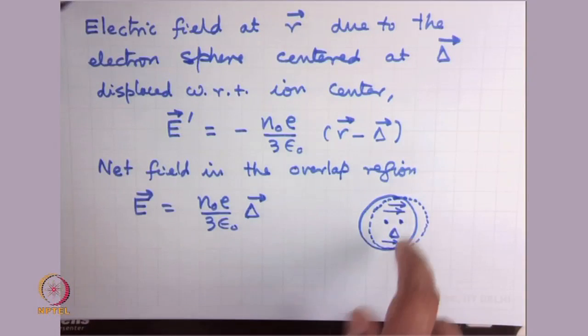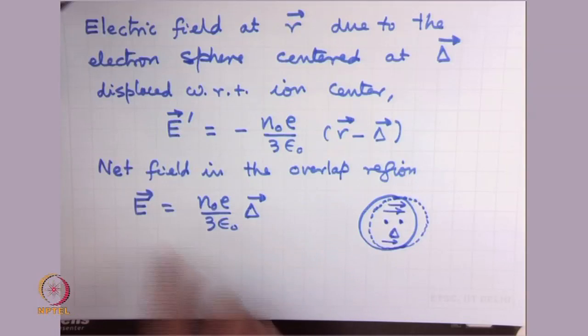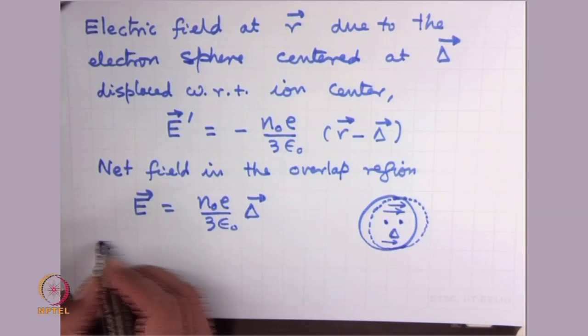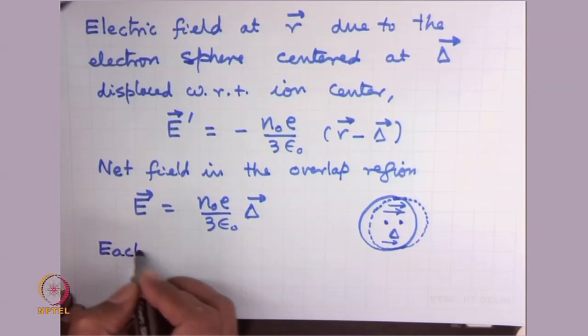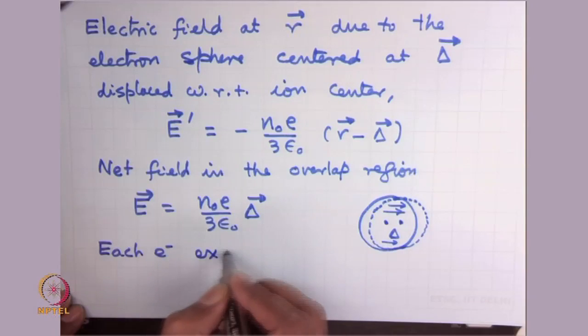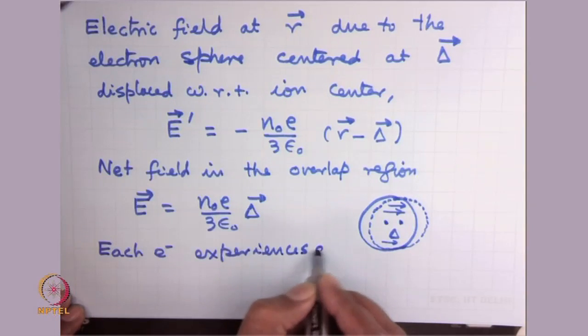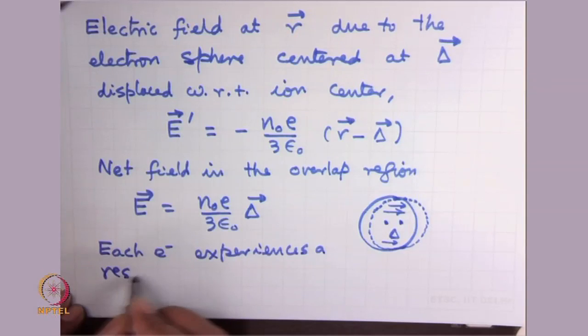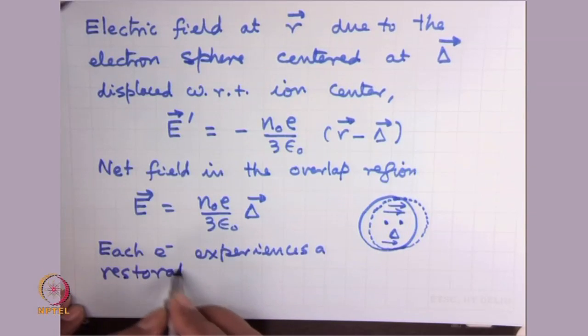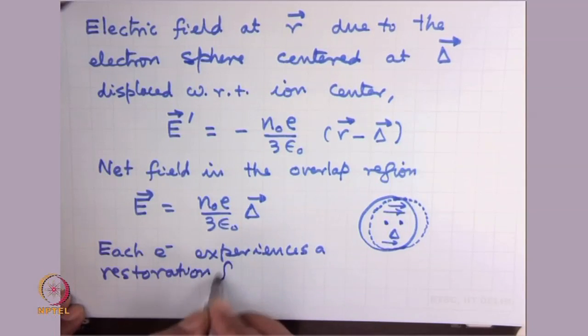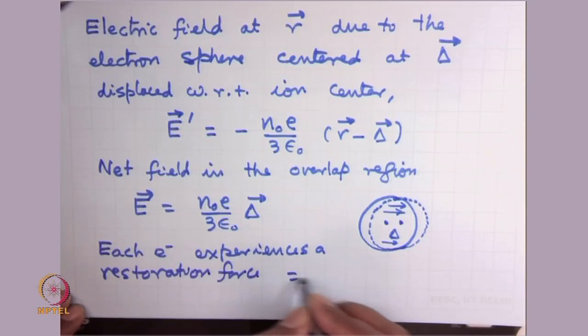Now, what is the force on the electron? Electric field, if you multiply by the charge of the electron, then the electron will experience a force. Every electron will experience a force. So, each electron experiences a restoration force, which is equal to minus eE.